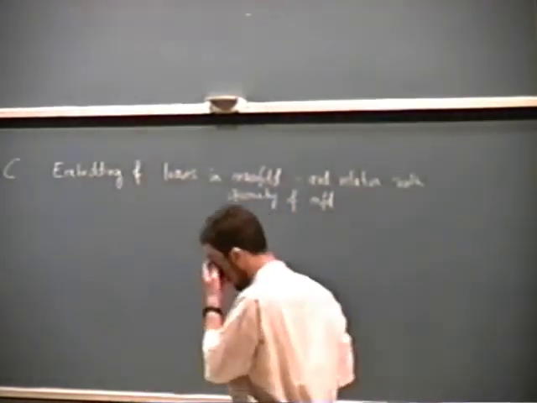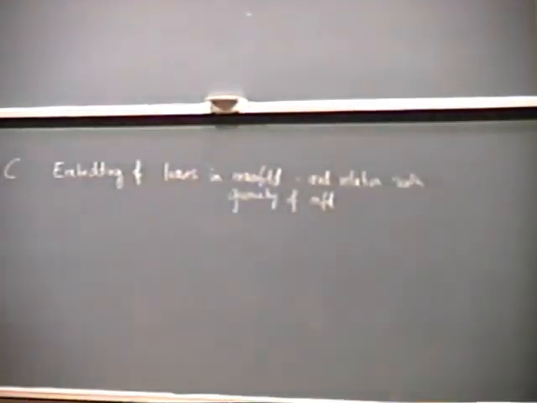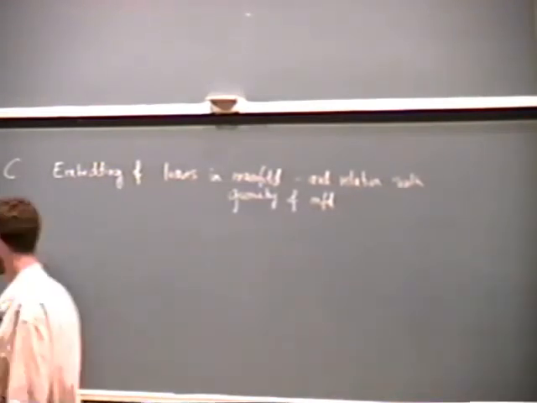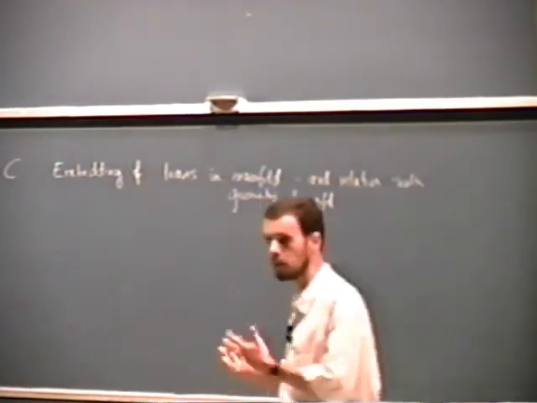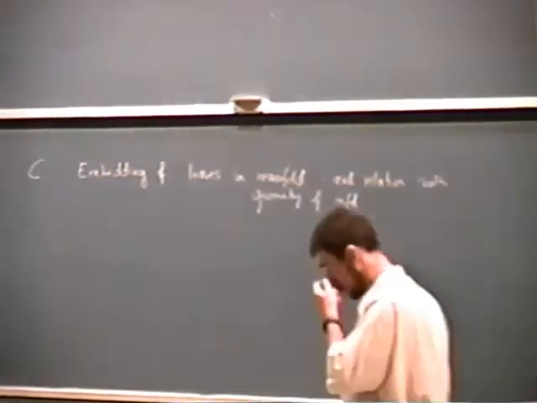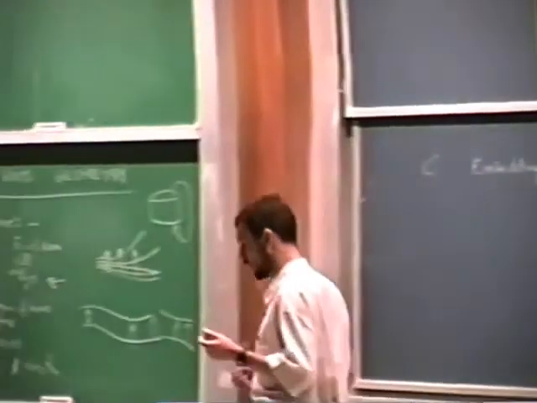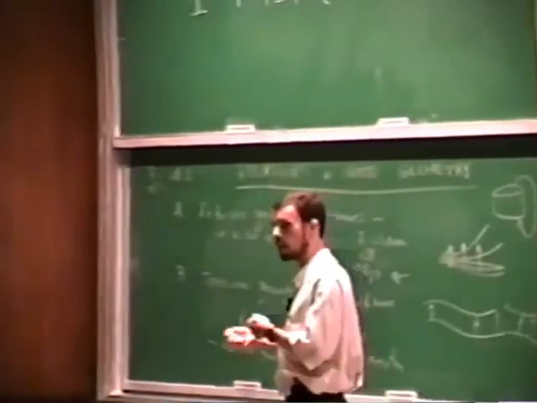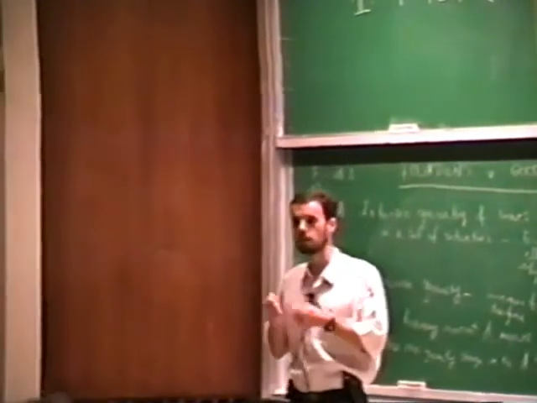Okay, so in a way, these first two things are more the structure of the foliation, and here I'm going to be looking at how the leaves relate to the manifold that it's sitting in. I want to know if the leaves reflect the geometry of your manifold.